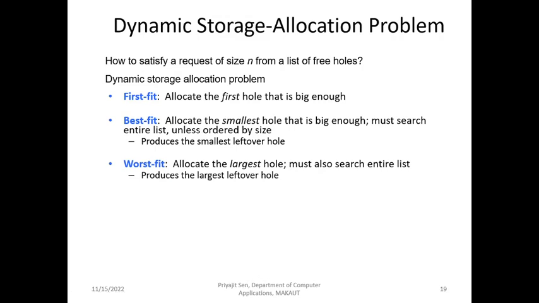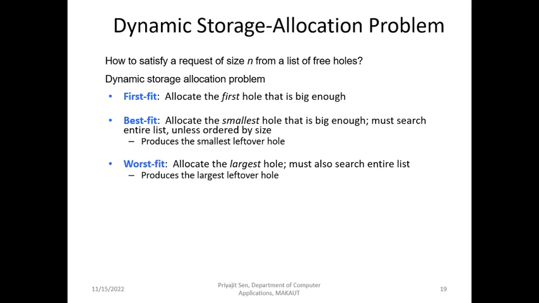Whenever you are going to store some data in memory, there are 3 different types of algorithm, called the dynamic storage allocation algorithms. One is the first fit algorithm, then best fit, and then worst fit. The first one is first fit.